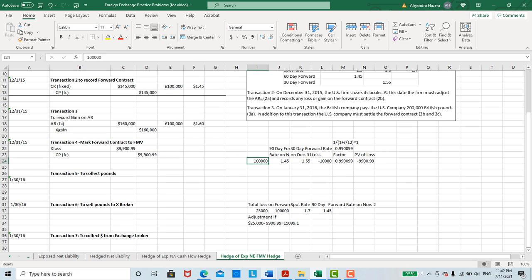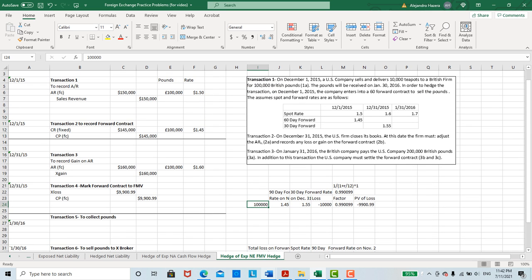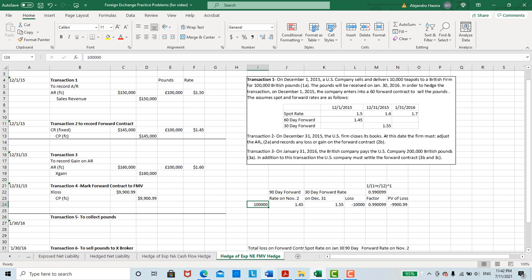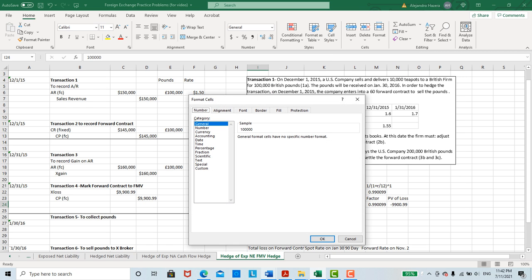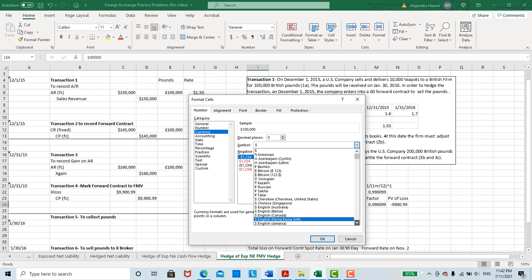Keep in mind that just like the past problem, let's go ahead and stretch this out a little bit and change the labels a little bit, because I changed the dates a little bit. The total base currency is 100,000 pounds here.